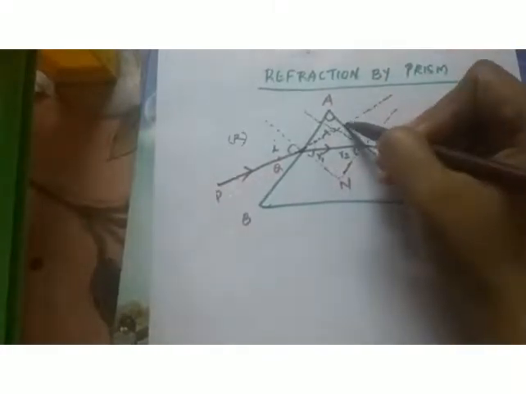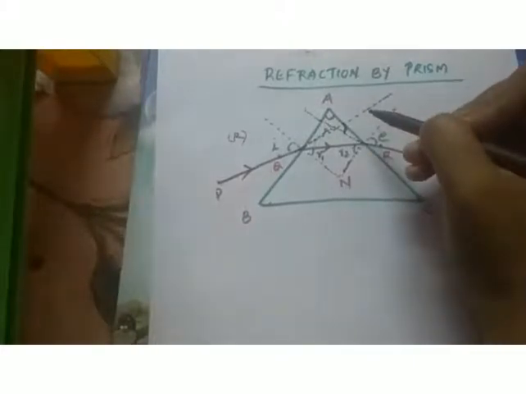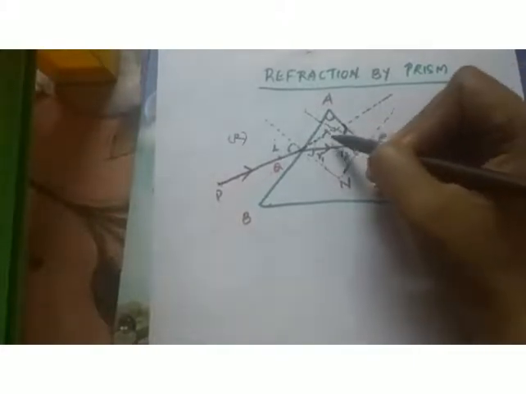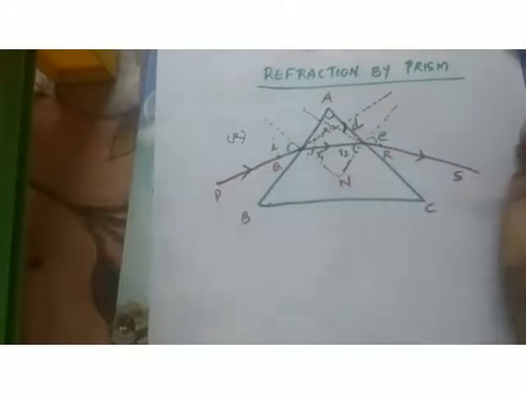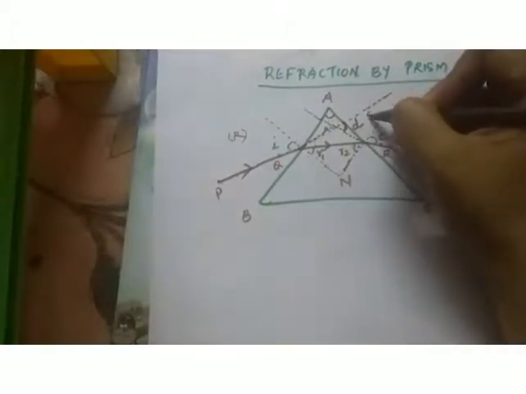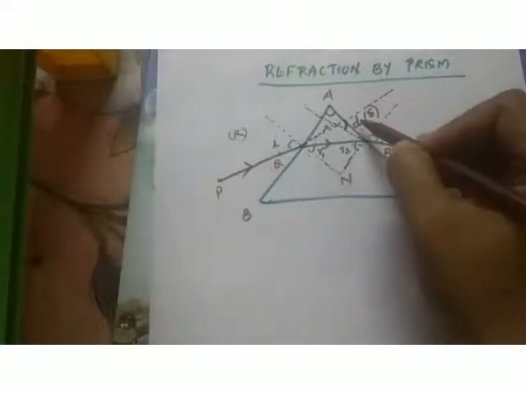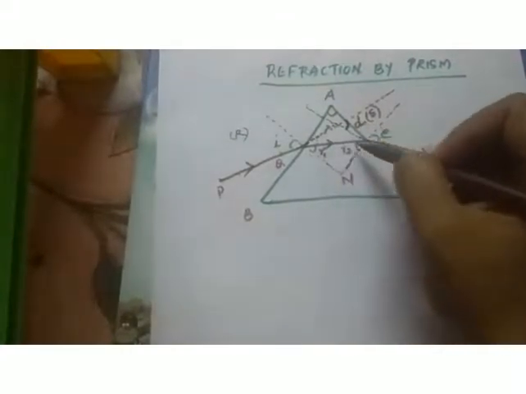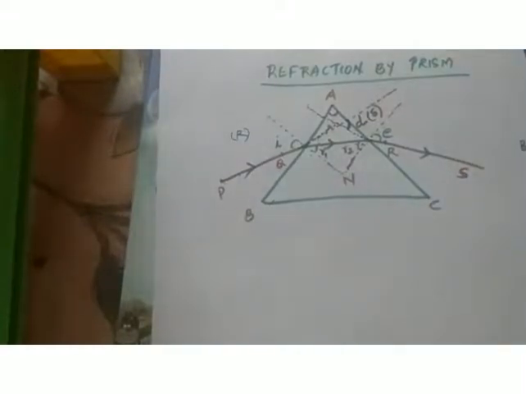Now here we can see one angle, and this is the angle between the incident ray and the emergent ray. So this is our angle of deviation D. Sometimes delta is also used in some of the textbooks. So this is the angle of deviation, the angle between the incident ray and the emergent ray.